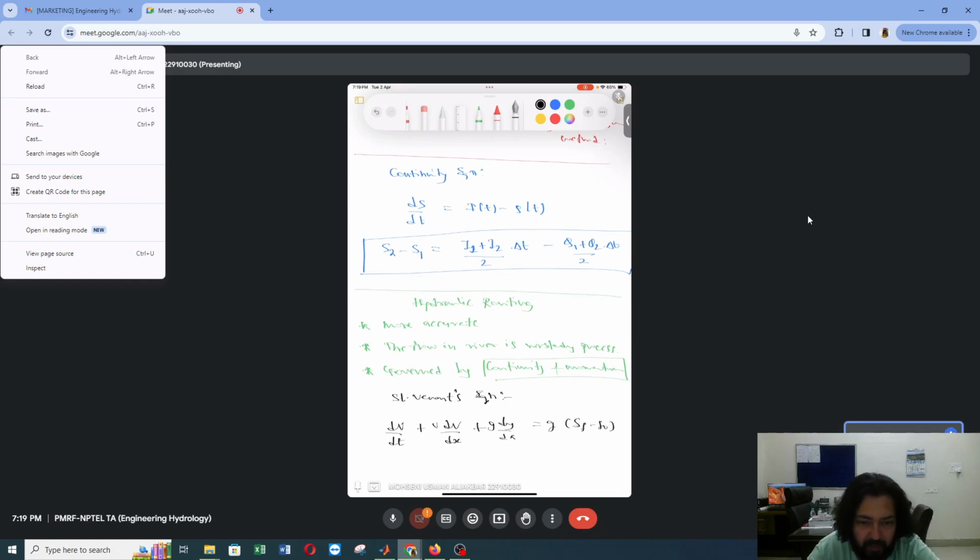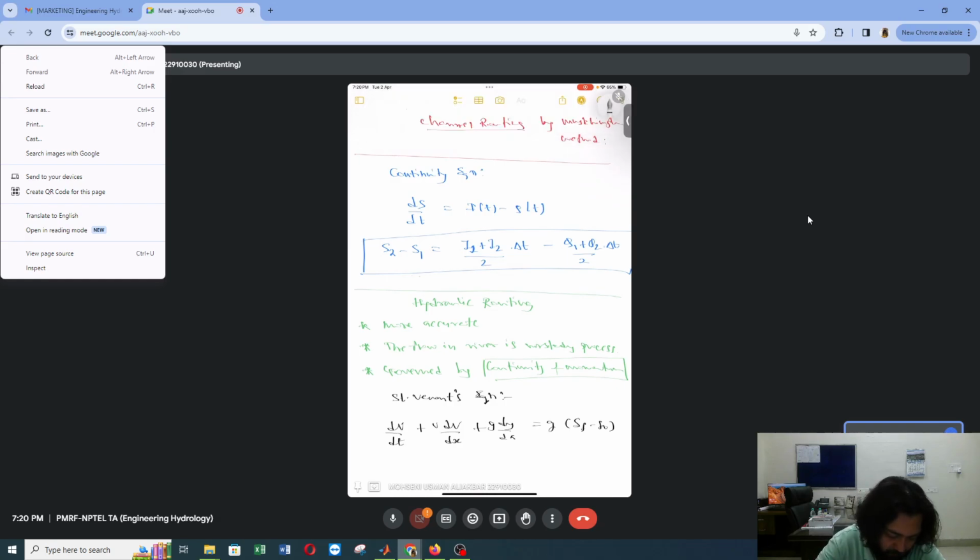This is the detailed Saint-Venant equation, the derivation of which we can see in the video lecture that is given. The derivation is not that important to us, as we are not going to cover hydraulic routing in this particular topic. We are only going to focus on hydrologic routing, that is reservoir routing and channel routing. But the Saint-Venant equation is really important. If you are using any hydraulic model, it will be based on this equation.